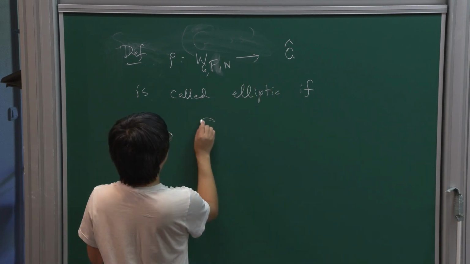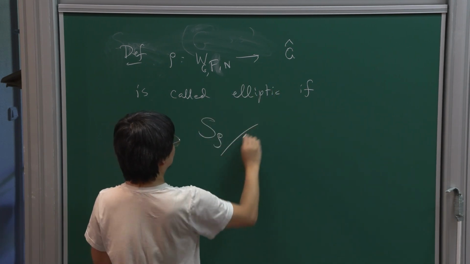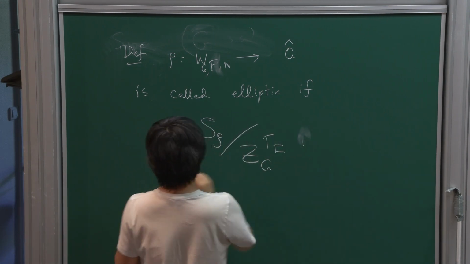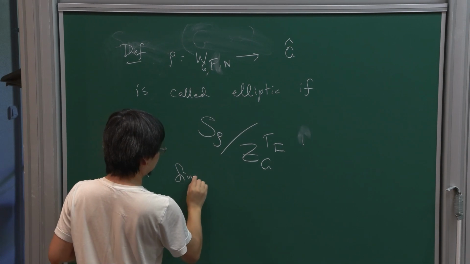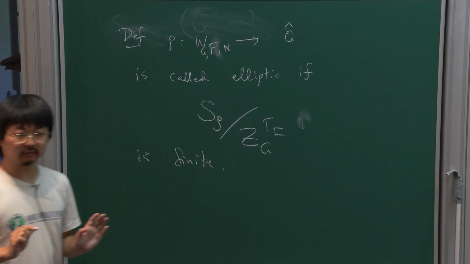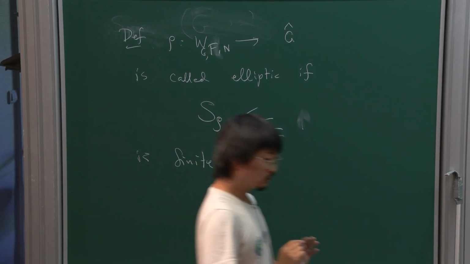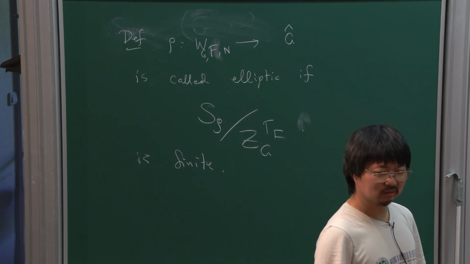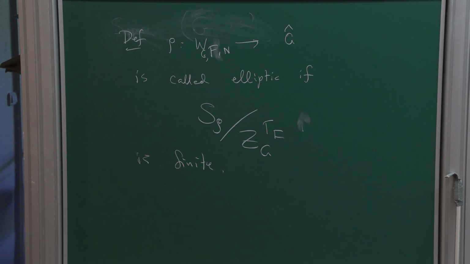But actually it's equivalent to the centralizer modulo the center being finite. Okay? I think globally people use, locally people use discrete.